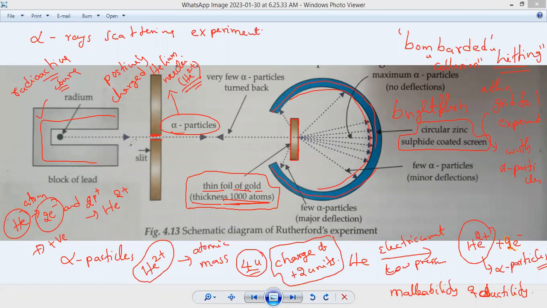That is the meaning of scattering. If you don't know, you can write that word. Splitting up of light randomly is called scattering of light.